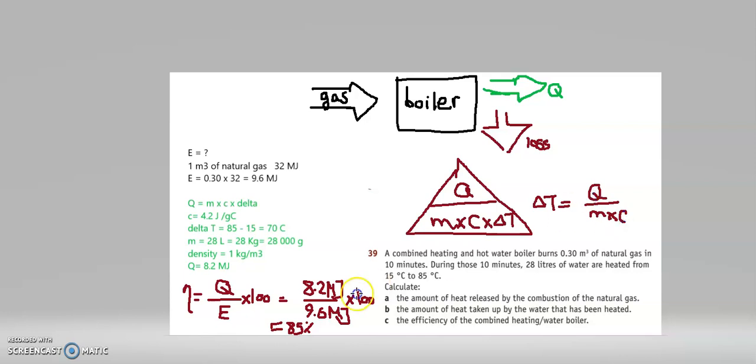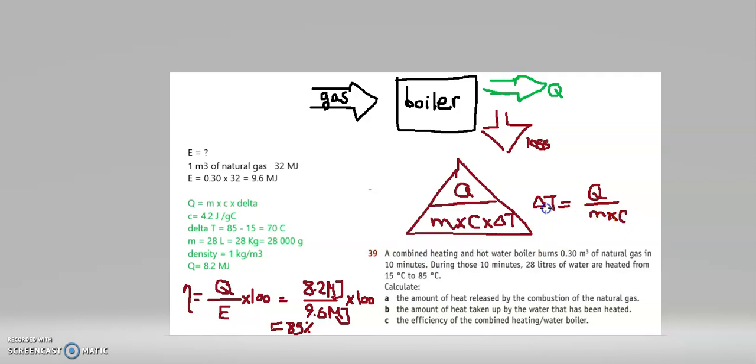And Q, you need to use the efficiency that you have and the total energy to calculate Q. Then when you have calculated Q, put Q here. Then we have the mass, we have the specific heat capacity.